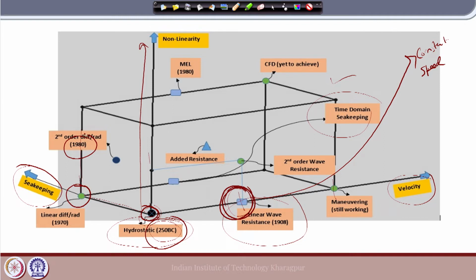That means, even when we do not introduce the speed, the floating body problem, even the linear problem, we solved in 1970. Now, you can understand how complex it is when you start from the hydrostatic to this particular level, right.